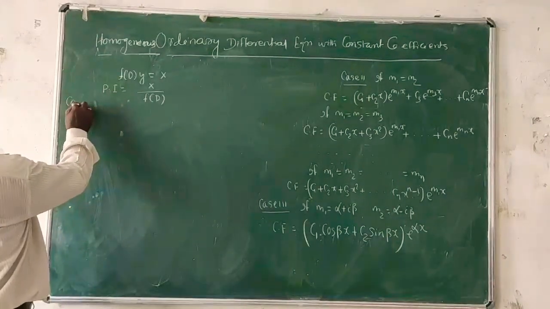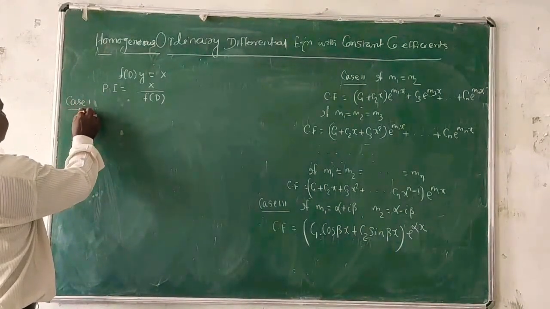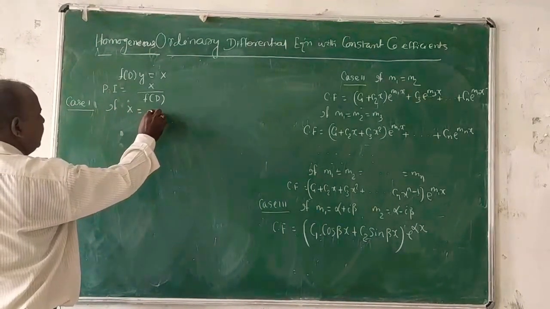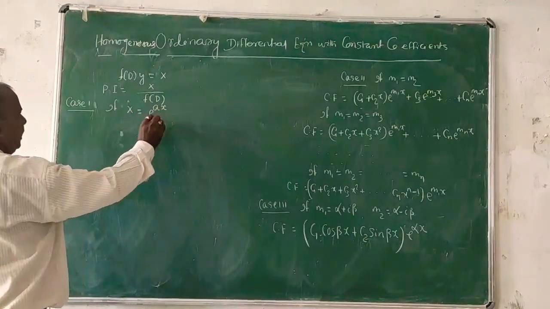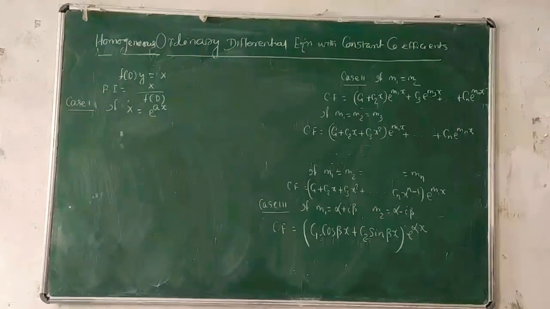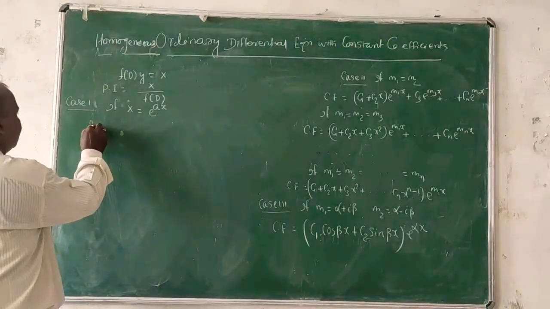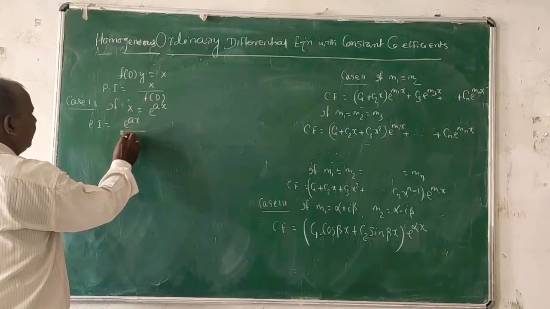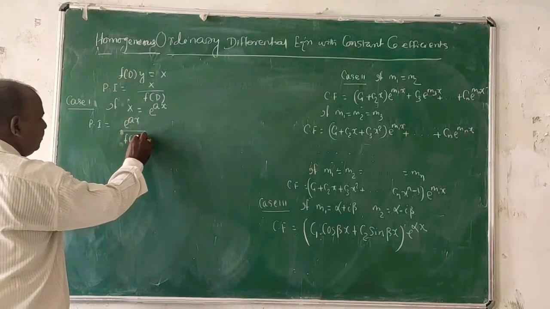Now let us take case number 1. If your capital X is e^(ax), then you obtain the particular integral e^(ax) by f(D).